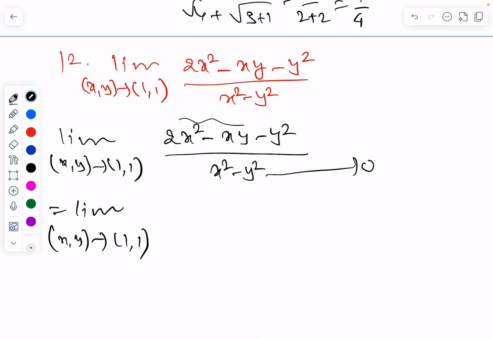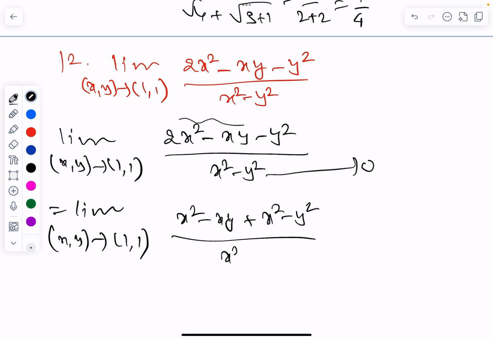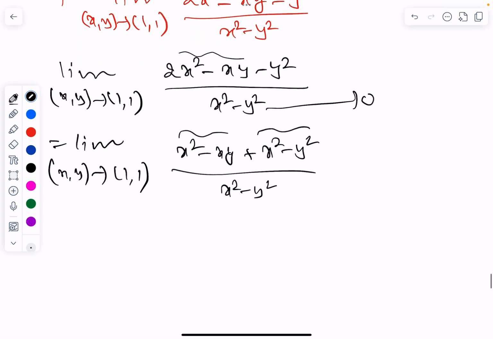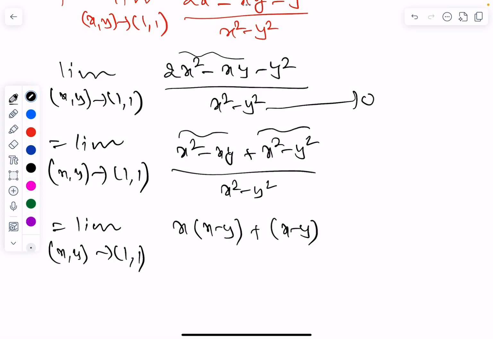Can we write the numerator as x square minus xy plus x square minus y square? Now here we have limit xy tends to 1, 1, this x common, x minus y. And here one bracket x minus y, another bracket x plus y.